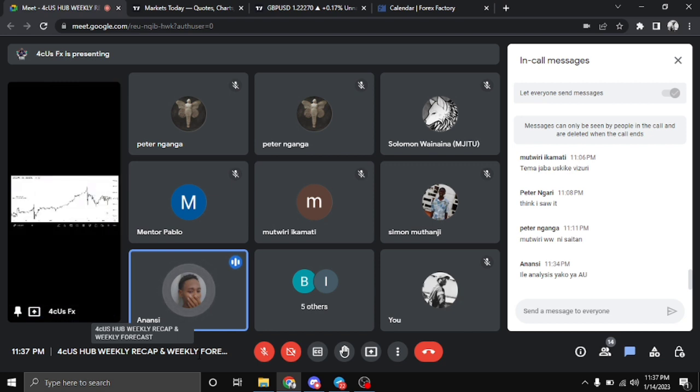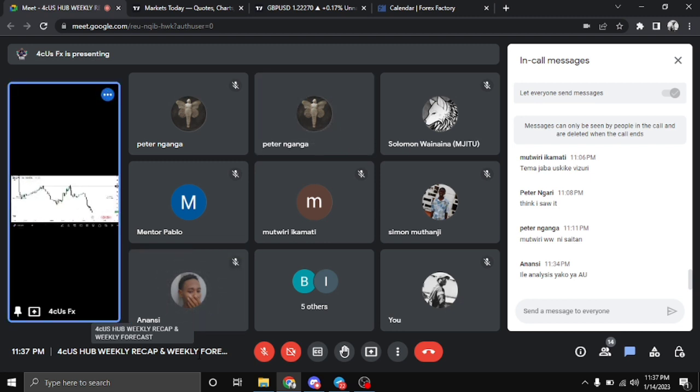Kuna analysis fulani uko umetuma kwa group. Ningependa kuona venye ulifanya Audi USD. So utengeneze hiyo screen yake straight tena ulalisha tena, kuna vile inakaa kadogo landscape. Okay, nataka kutumia laptop kufanya analysis, but laptop mimi huwa sipendi.